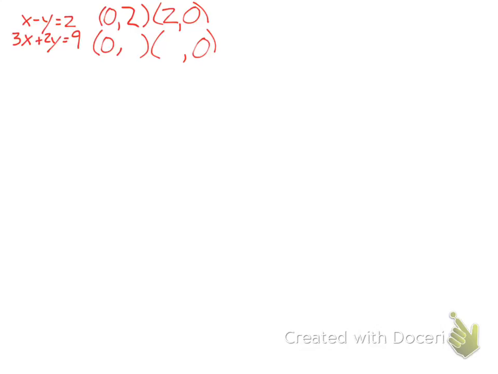So I'm going to do the same thing with the second line. If I put 0 in for x, 3 times 0 is 0, and I really don't have to write it anymore. So when does 2y equal 9? Divide both sides by 2. 9 divided by 2. We got a calculator. What is it? 4.5.